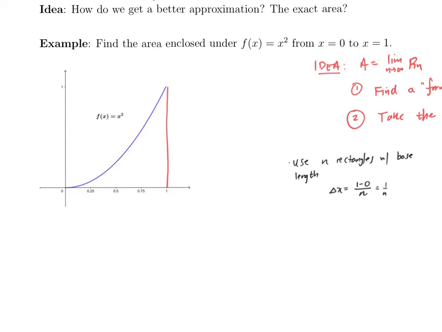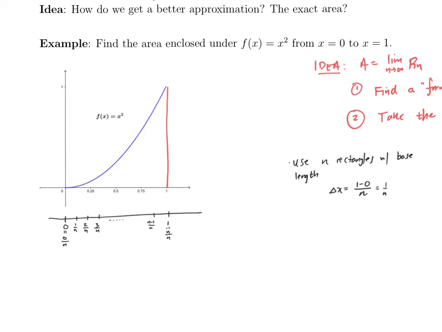If I draw a little mini number line underneath our x-axis, we have 0, and we're going all the way to 1. When we break this up into n equally spaced subintervals, we have our 0, then 1 over n, which would be the right-hand endpoint of the first interval. Then 2 over n, 3 over n, all the way up to n minus 1 over n. Note the 1 is n over n, and 0 is 0 over n. Those represent how we break up the interval from 0 to 1.